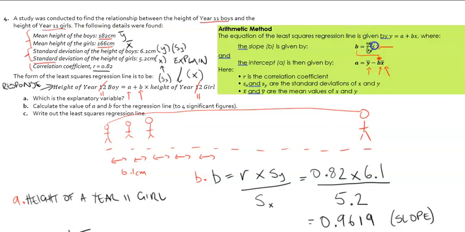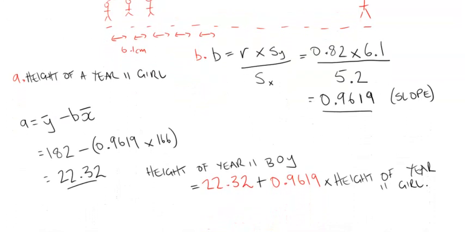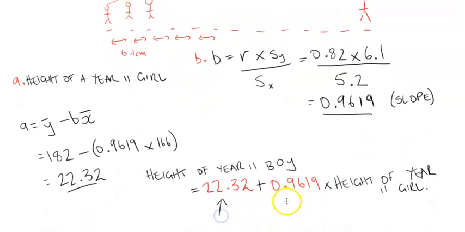That just means the standard deviation for y and x, and the mean for y and x, which the question will be providing you. You just go ahead and plug it into those formulas, and get your explanatory variable, and use it to find your a and your b. And another thing, I wrote this here as the slope. This 22.32 is also the intercept.